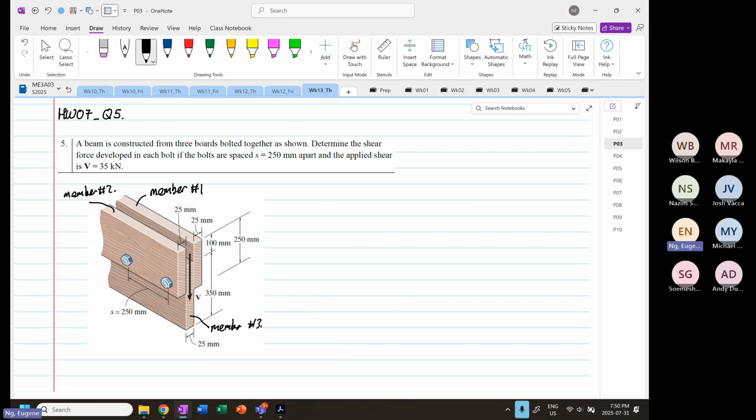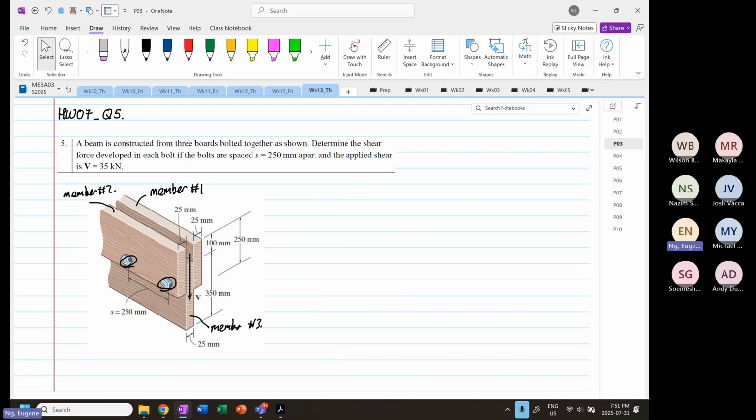And all of them are joined by the bolts down here. And we are given a spacing of S equal to 250. Okay. So determine the shear force developed in each bolt if the spacing is 250.